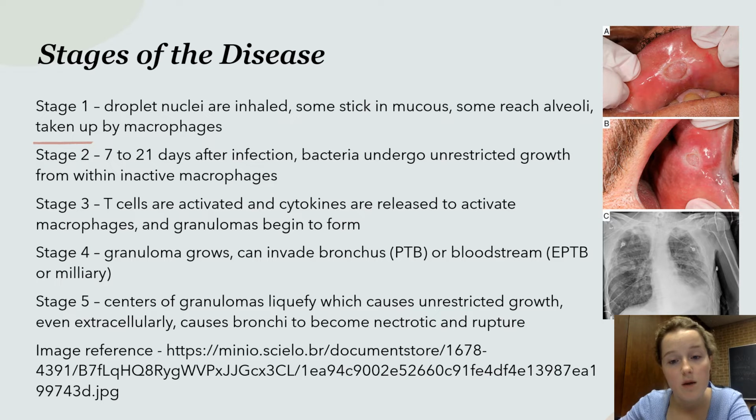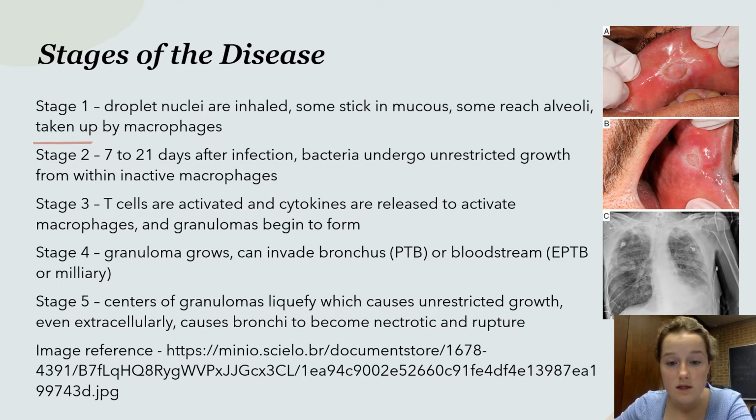They're being taken up by macrophages, and since the macrophage is inactive, it cannot do anything to the TB cells, and so they just generate from within the macrophage, and eventually the macrophage bursts, killing the macrophage. More macrophages appear, the TB cells again become engulfed and live inside the macrophages.